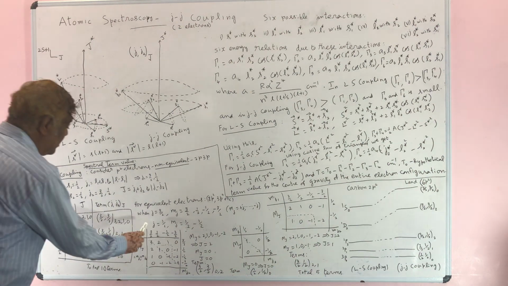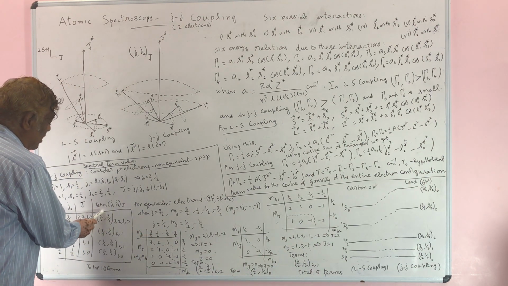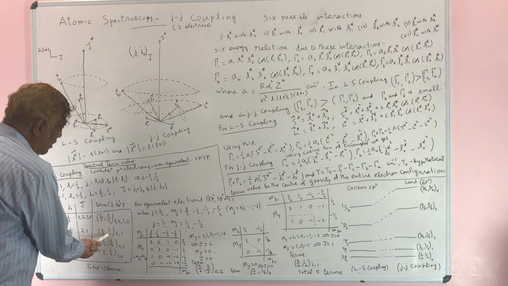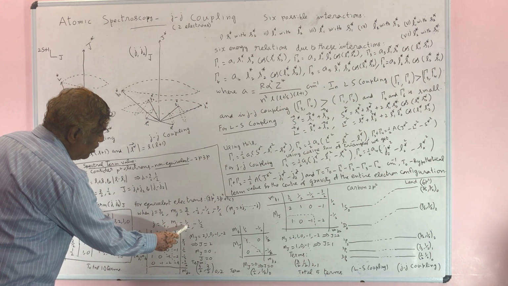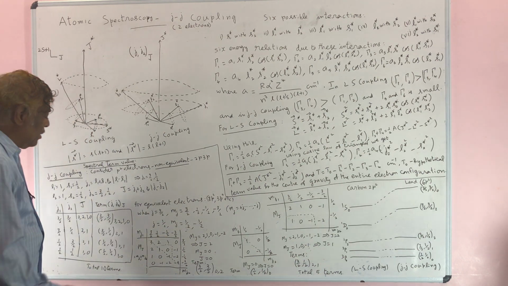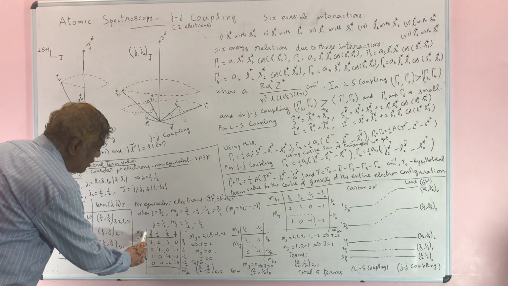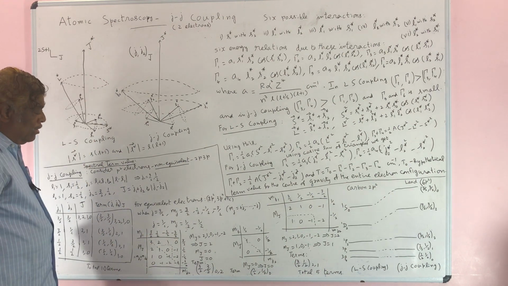There are two different types of J here: 3 by 2 is one value, half is another value. So when J is equal to half, Mj is equal to half and minus half.